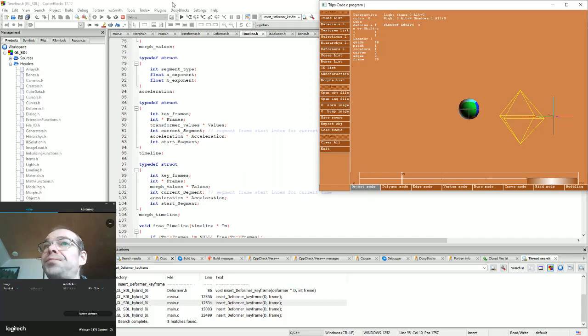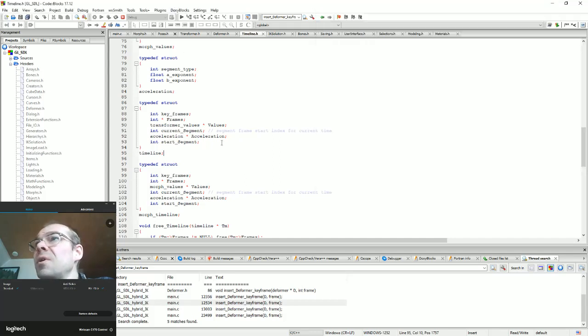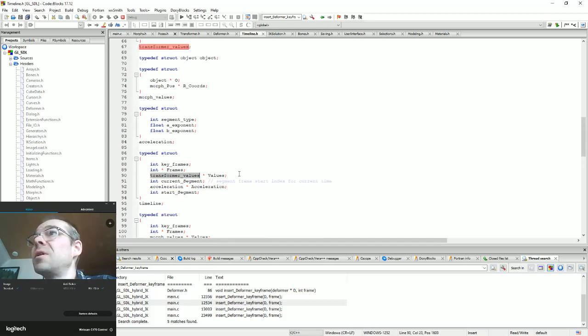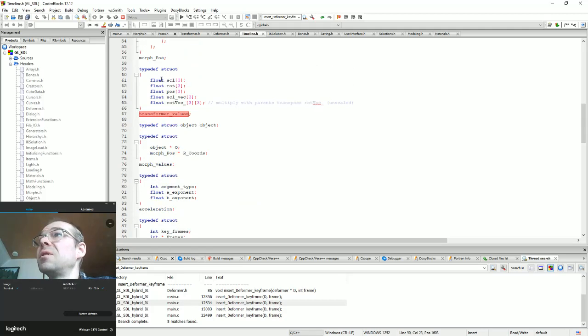And timeline has transformer values. We highlight here. We see this involves position and the rotation and scaling of the transformer, and those transformers really drive all the effects in this program when it is about an animation.